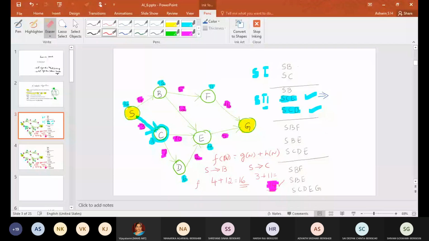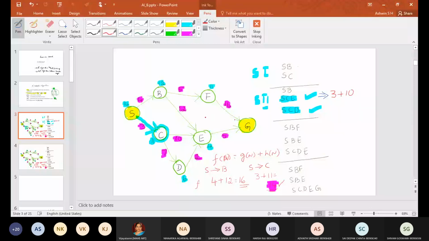Can anybody tell me SCE? For the path SCE, it is very simple. See this path SCE. S to C is 3. Then C to E is 10. 3 plus 10.